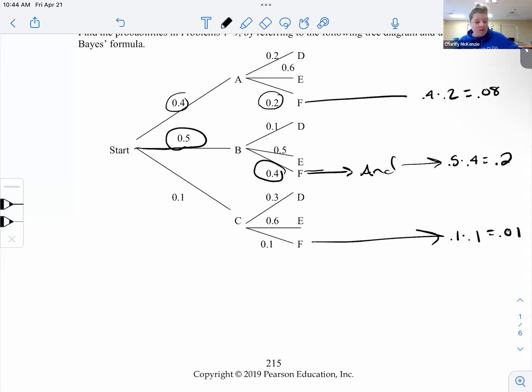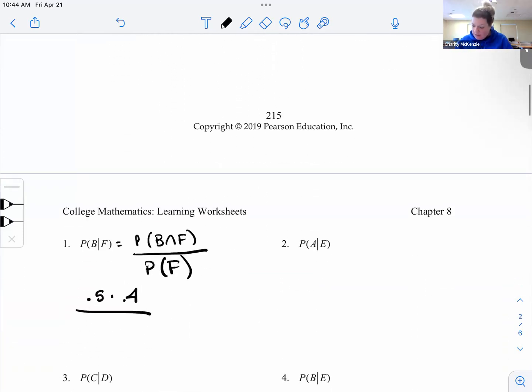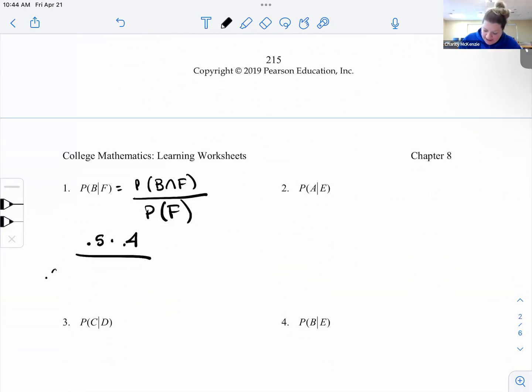And those are the probabilities, because it's the whole row. So when we go to write this down here, we're going to have to write those three numbers added together: 0.08 plus 0.2 plus 0.01.